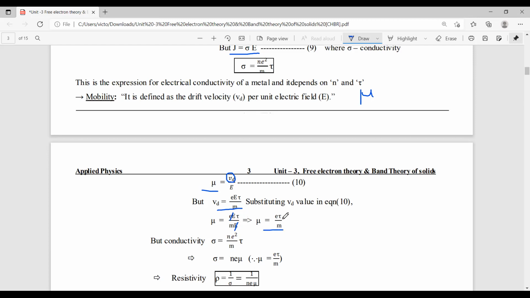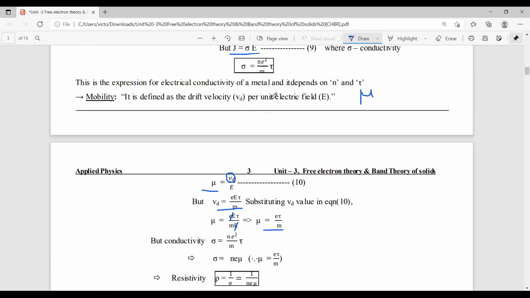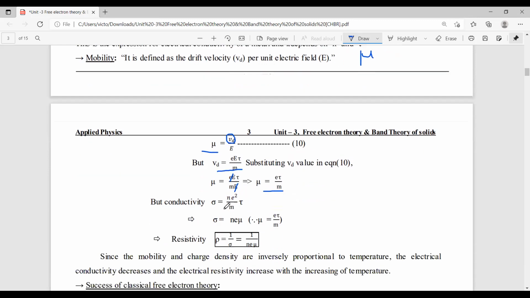So mu is expressed as et by m. Already we derived the expression for conductivity, sigma equals ne square t by m. From this expression, it is written as et by m into e. Multiplying by e, we get ne square t by m. But in place of et by m, we can write mu.